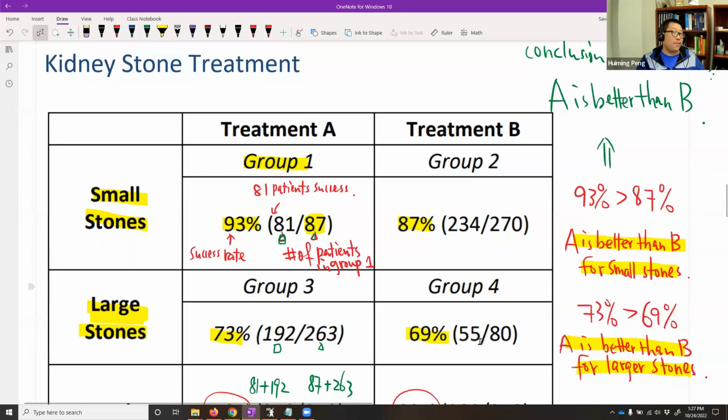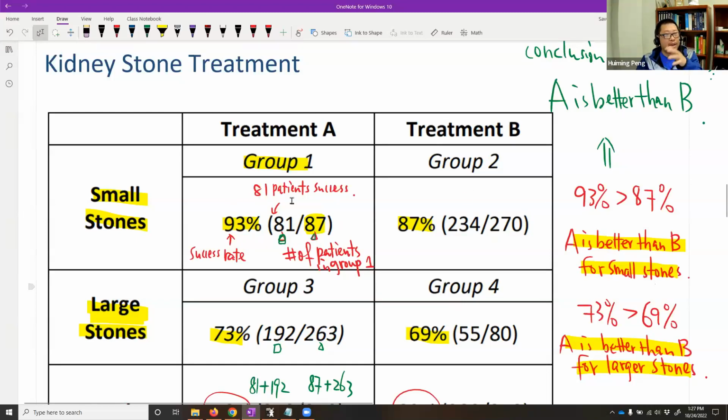Probably at the beginning of the clinical trial, when we enrolled patients, we did something wrong. We should have increased the number of patients in this group, so that we have a similar level. They do not need to be exactly the same number, but we hope we can have the same amount of patients in these two groups.